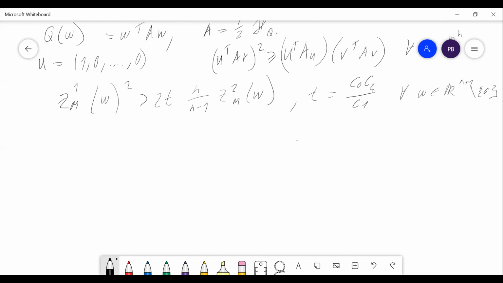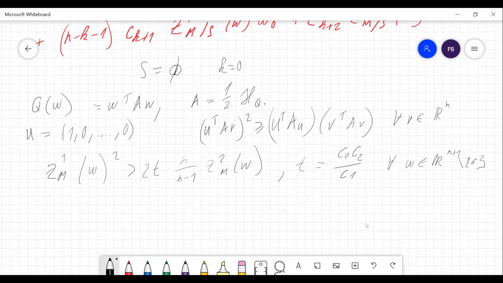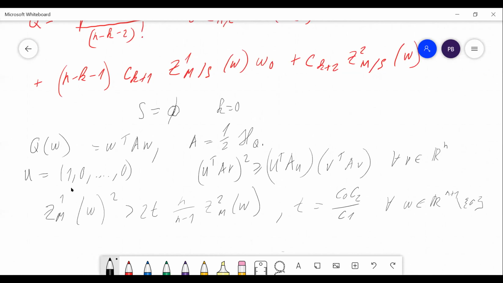And the reason this really is so simple is that, in the definition of T, is it indeed over C1 or over C1 squared? Yeah, C1 squared. And the reason it's suddenly so easy is that we've used the vector u, which is 0 everywhere except for the first coordinate. And so that's how we got rid of most of the terms in this equation.